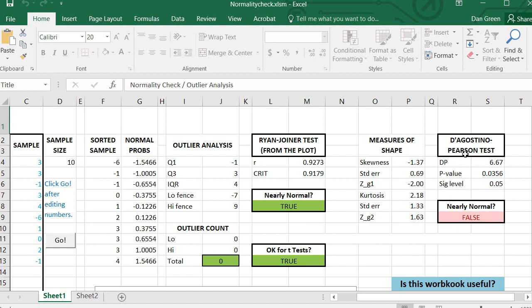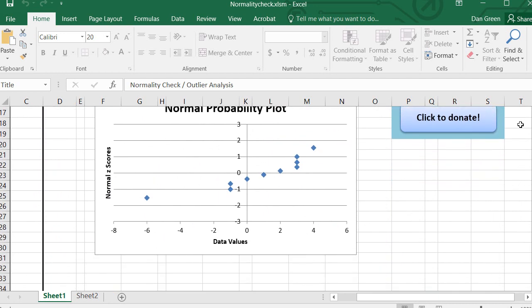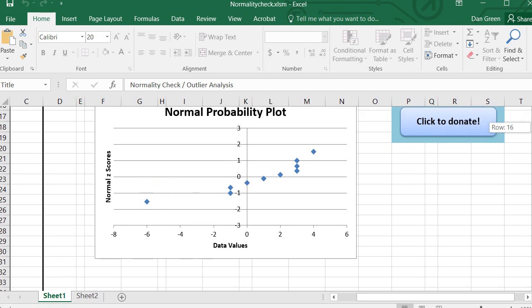Now the Pearson test did come up as false, but this is not too bad. If you look down here at the normality plot, we see that most of the data is in a nice straight line, but we do have one outlier on the normality plot.